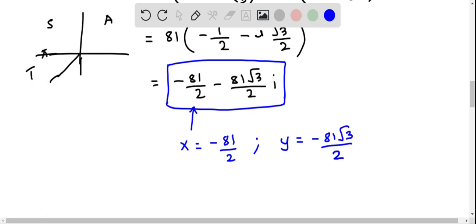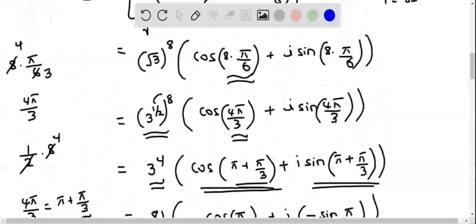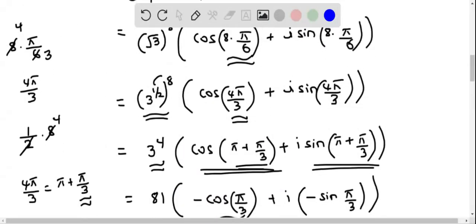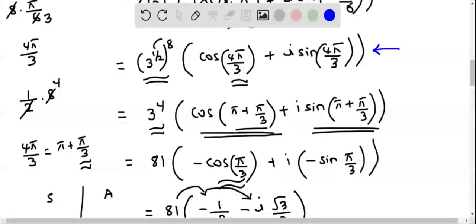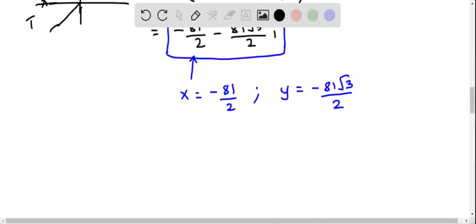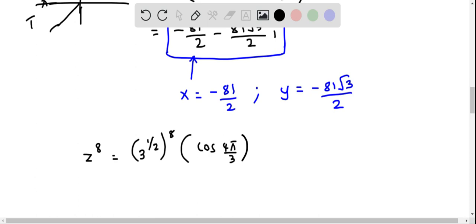And now to write the exponential form of this complex number, we go back to the step where we have expanded using De Moivre's theorem. From this step, we can determine its exponential form. So let me copy that over here. We have z power 8, and this equals 3 raised to the power of 1 by 2, raised to the power of 8, times cosine of 4 pi over 3 plus i sine 4 pi over 3.